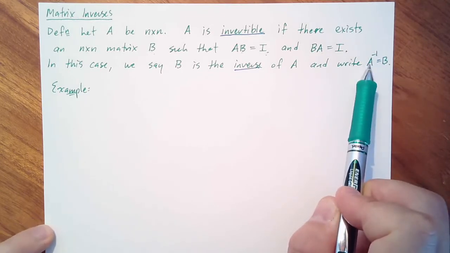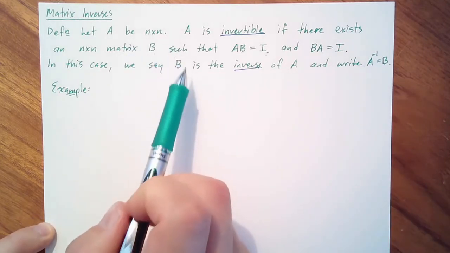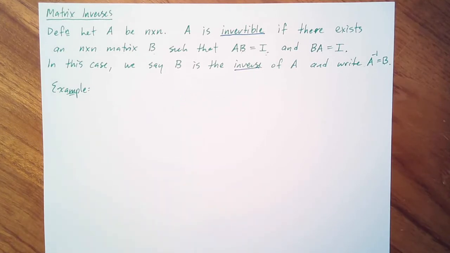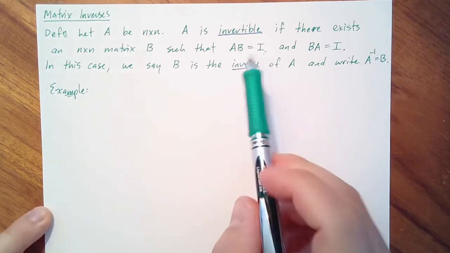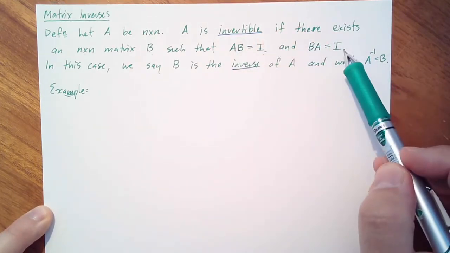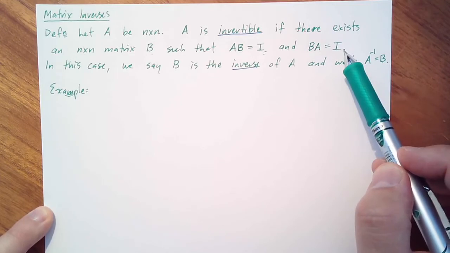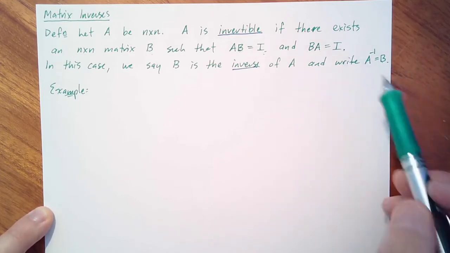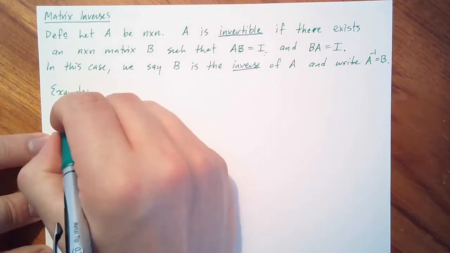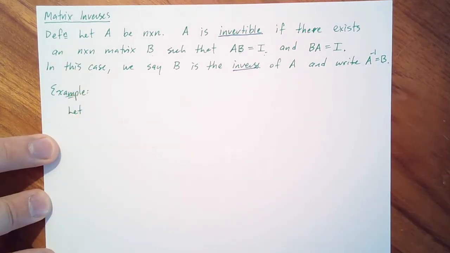But really, we can't use the notation A inverse to say what an inverse means because we haven't said what it means yet at that point. It would be circular. So the usefulness of the letter B kind of ends with this sentence. And once we have said exactly what it means to be an inverse, we can just use this notation for an inverse instead. So this example won't use the letter B at all.